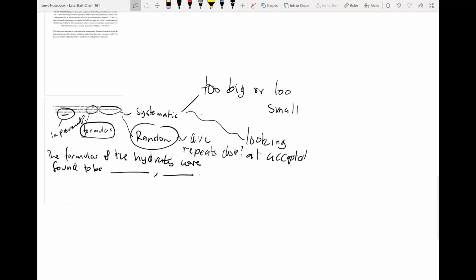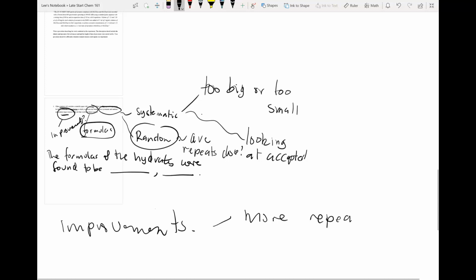Now, for potential improvements, I think there's quite a few. One is that you could simply do more repeats. Right, that would be one. Something else that I was thinking about is we just heated this until dry.